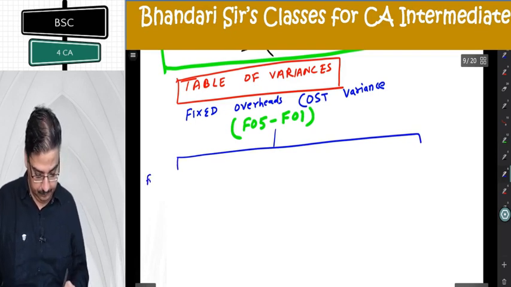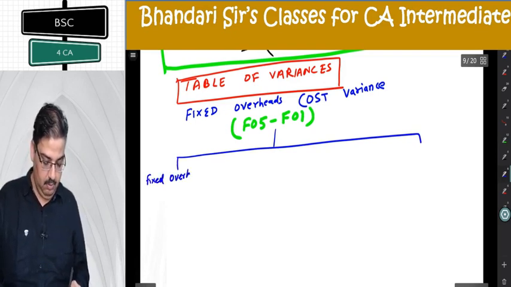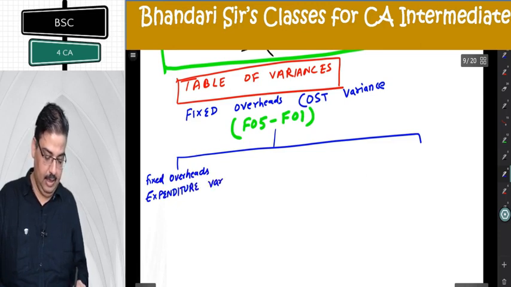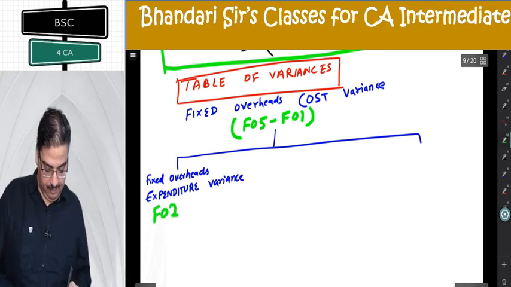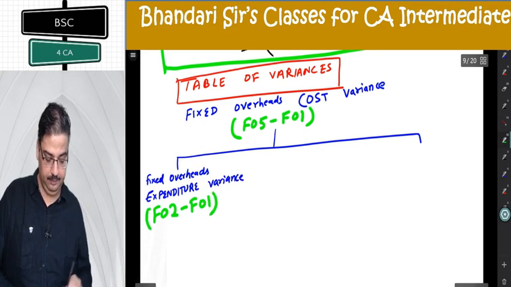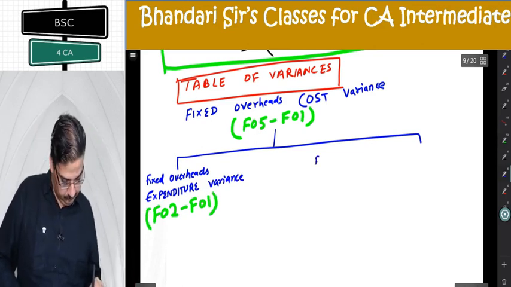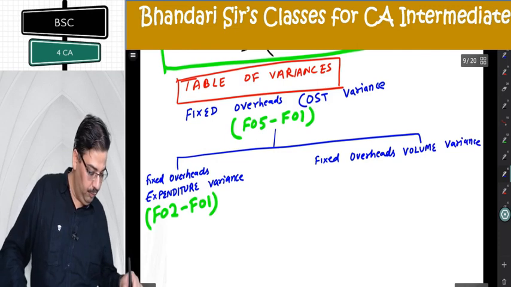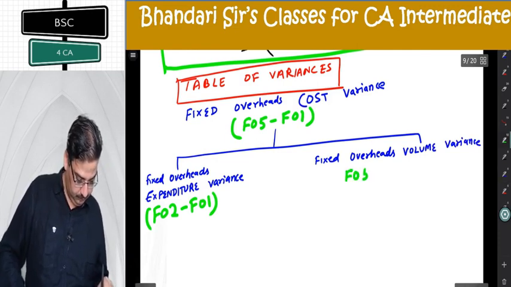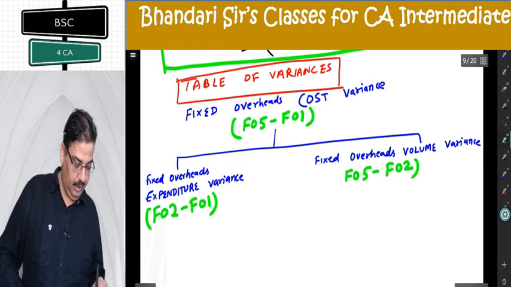Under that, fixed overheads expenditure variance: FO2 minus FO1. Right hand side, fixed overhead volume variance: FO5 minus FO2.